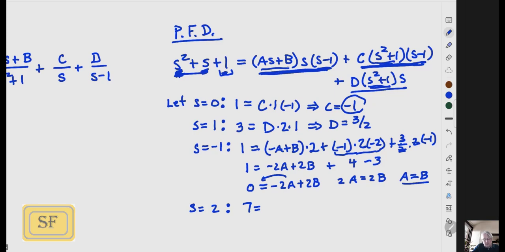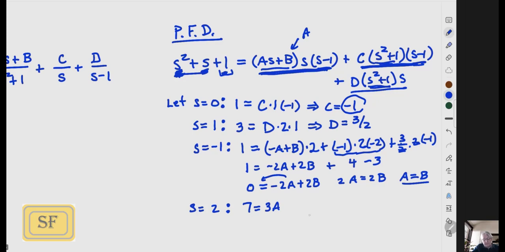That'll make this a little bit nicer. And then once we find A, we know B, because A is equal to B. So that's 3A here. And then times S, which is 2, times S minus 1, which is 1. So that's times 2. Plus C is negative 1.